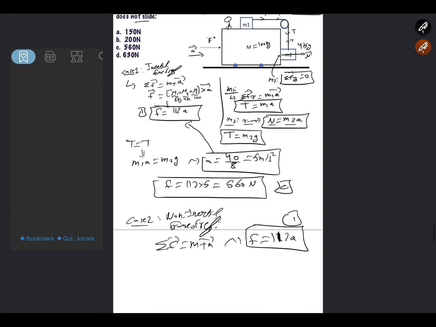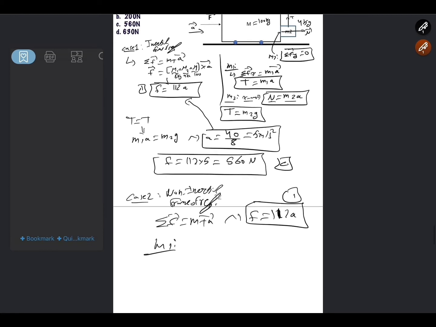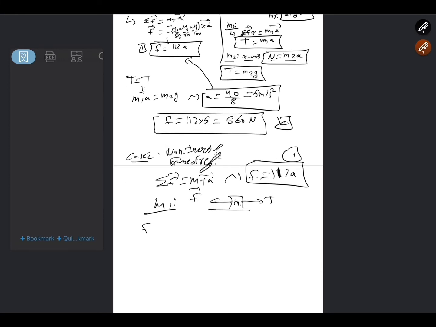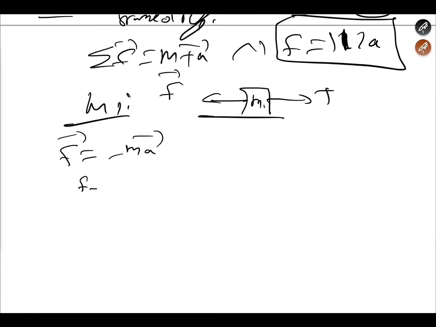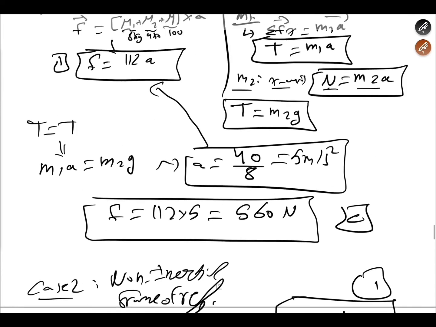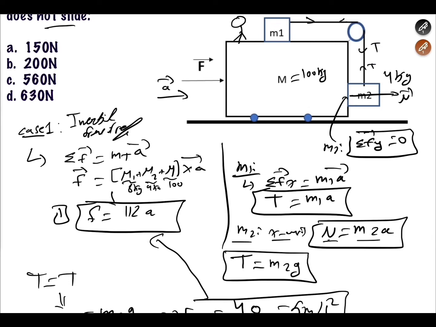And the other formulas on M1: now for the block M1, this is tension, and now we consider the pseudo force F. Pseudo force F, as direction minus ma, as magnitude F equal to ma. Now, since M1 is not sliding with respect to the accelerated frame of reference, which is the cart, then summation of forces equal to 0 along y, in this case, and equal to M1a in case 1.